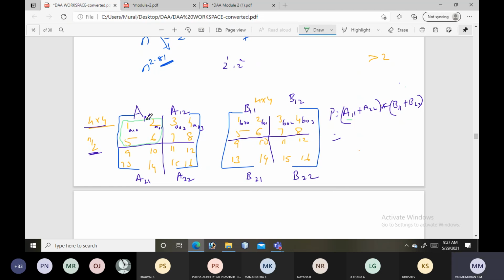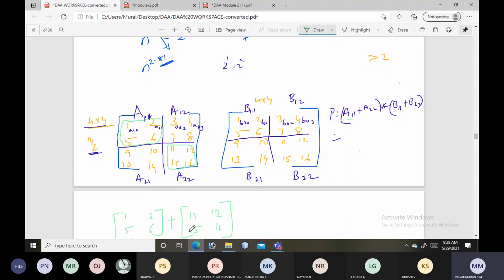A22 is nothing but these 4 elements. So you add these two matrices now. You are getting 1, 2, 5, 6 plus 11, 12, 15, 16.